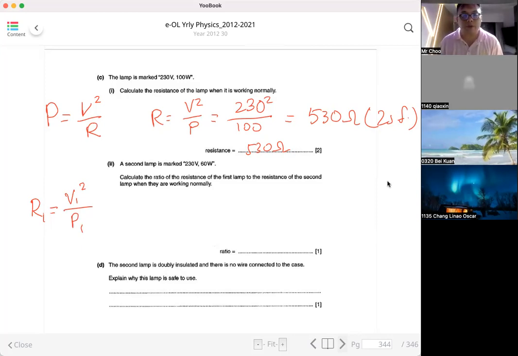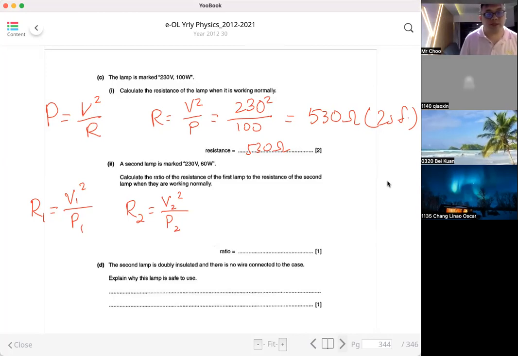Okay, Peiguan, same thing for part 2. I want you to listen to me. R2 is equal to V2 square over P2. Is that okay? So you want to find the resistance ratio R1 over R2.